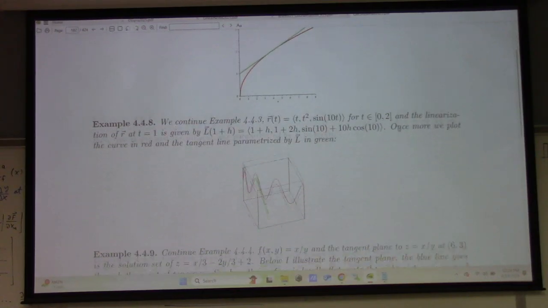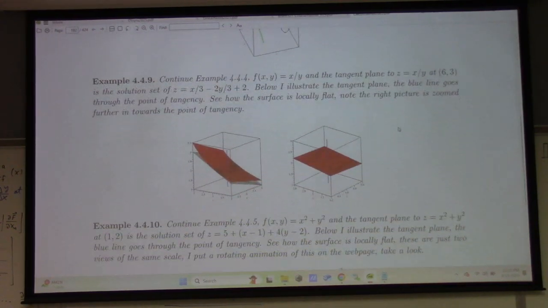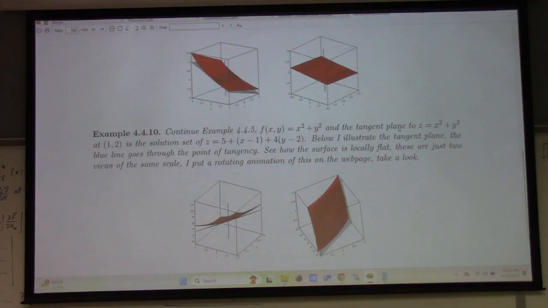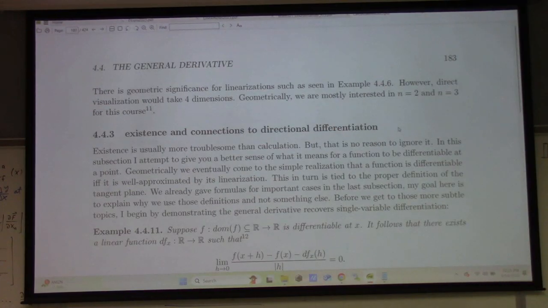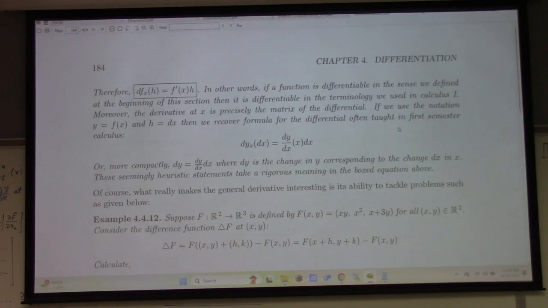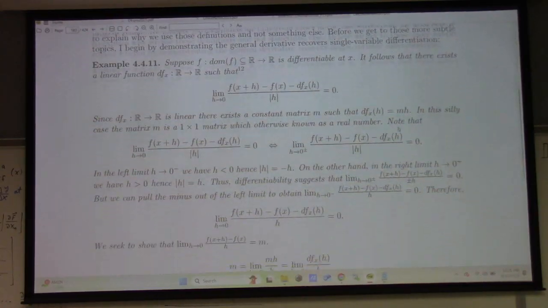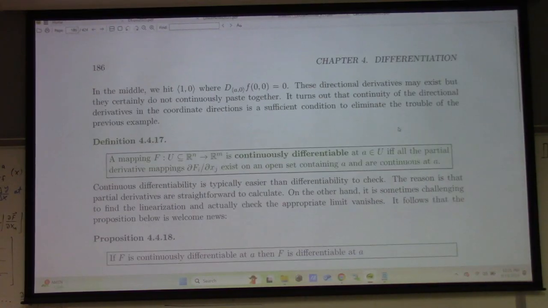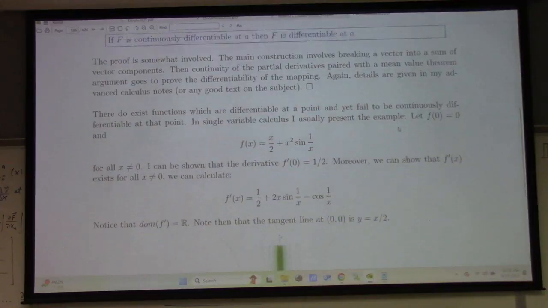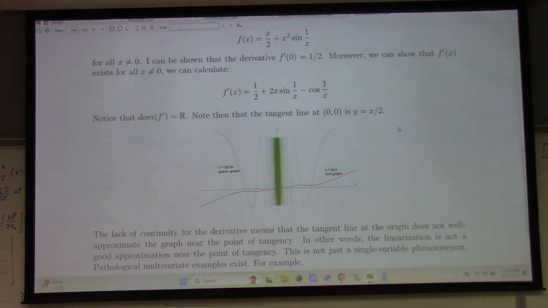If you read this section, I go into some great detail about ways that the directional derivatives can be deceiving. Basically, I point out that there are annoying things that can happen.